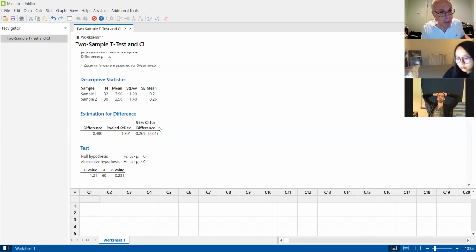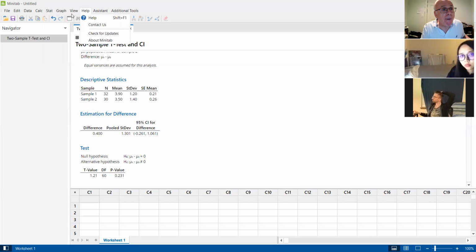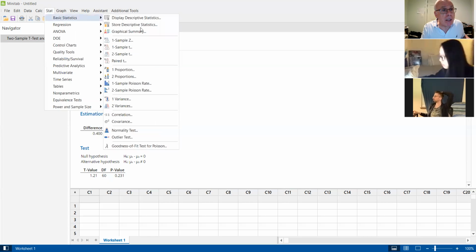Now, Minitab, I believe, if you go back to Stat and look at Basic Statistics again, it gives you a 2-sample t, but it does not give you a 2-sample Z for means. It gives you 2 proportions, but it doesn't give you 2-sample means.